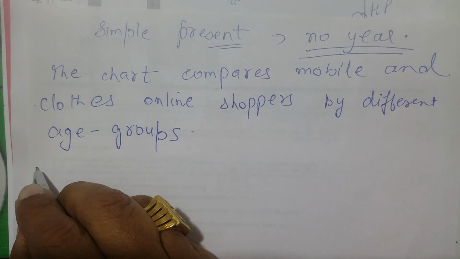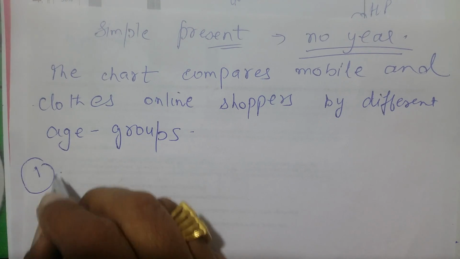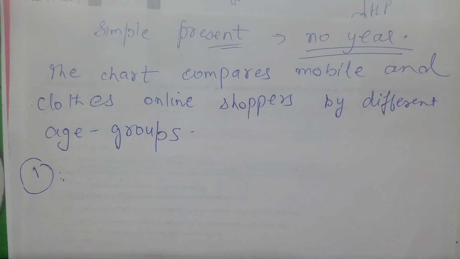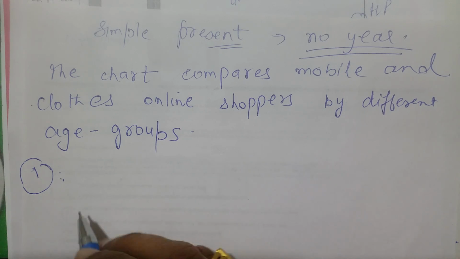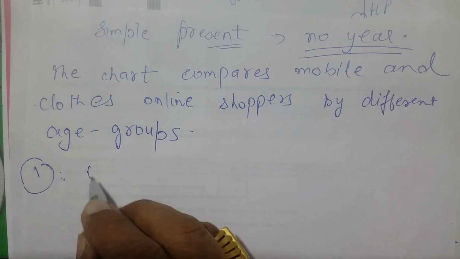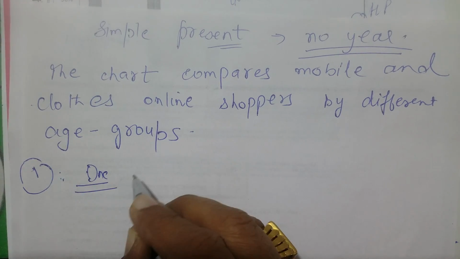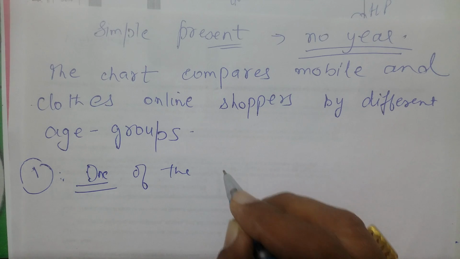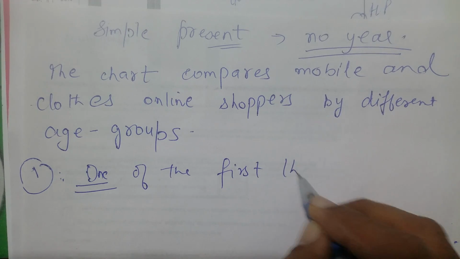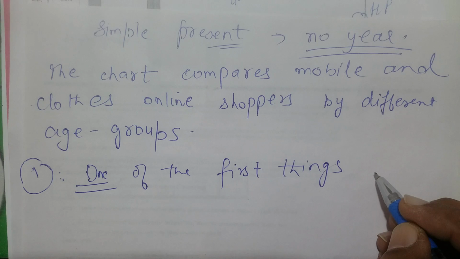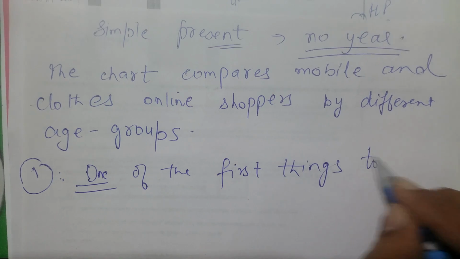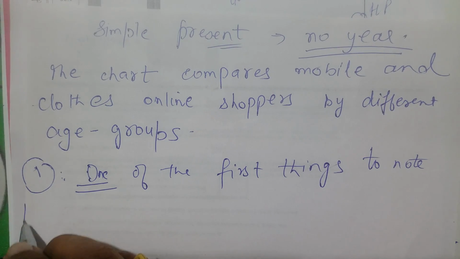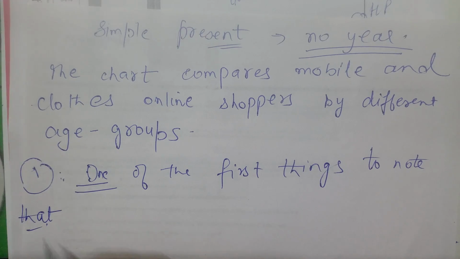Now the main is the number one line. What kind of line will I go with here? I'm not writing the complete thing, I'm just writing sentences, try to understand. So this is the point here. So language please check. One of the first things to note, so you can maintain this language in your bar as well as table, to note that, right?